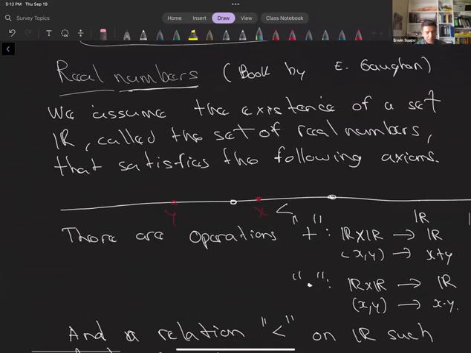So as I said, we're following for analysis. We already started real analysis. We're following this book by Edward Gaughan. I like this book because look at its thinness. It's very thin, as it should be, because this is kind of a review of analysis book. The book we have online is too big.